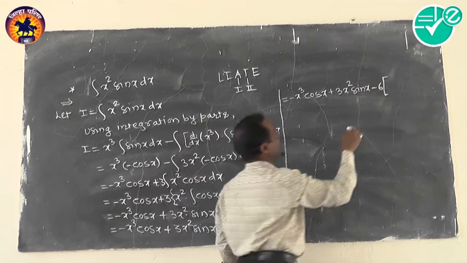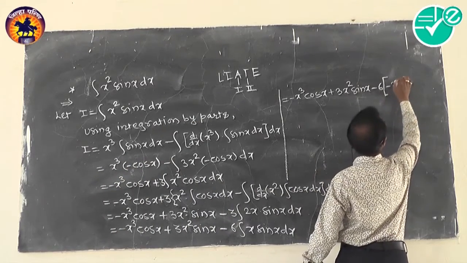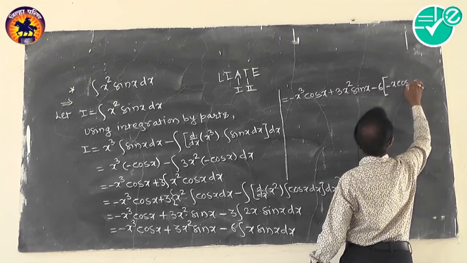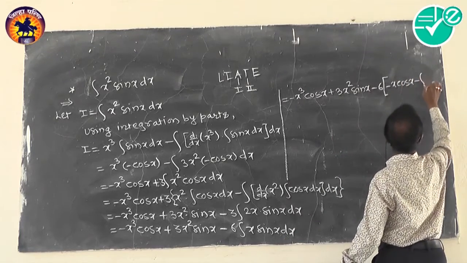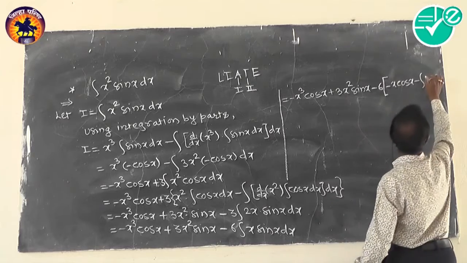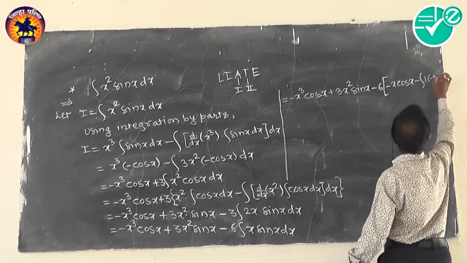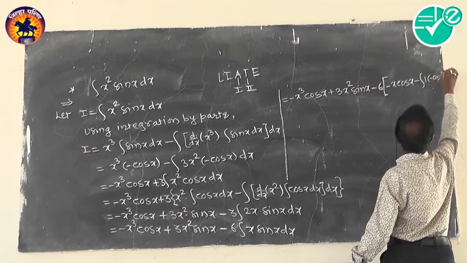First as it is, integration of second is minus cos x, minus integral of derivative of x, which is 1, into minus cos x dx.